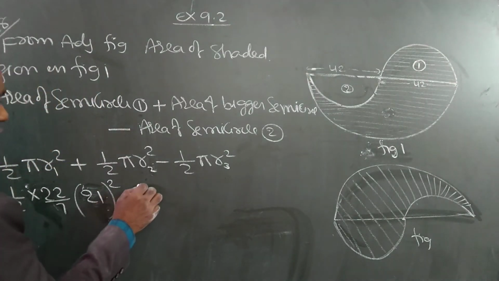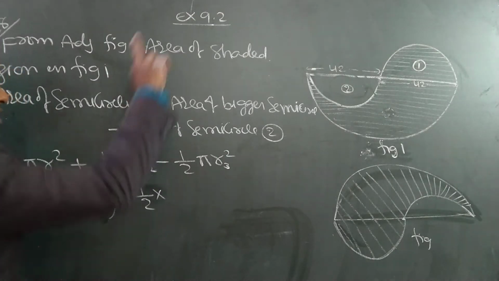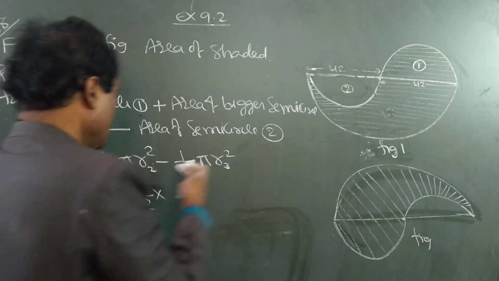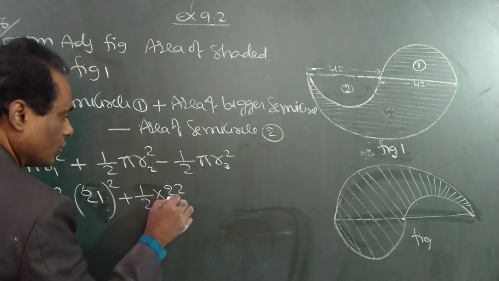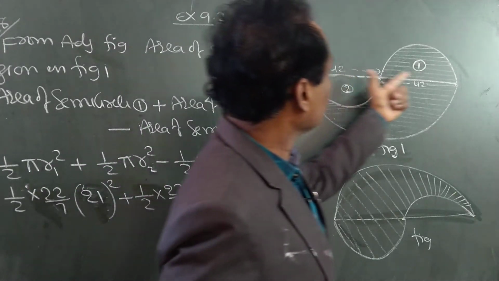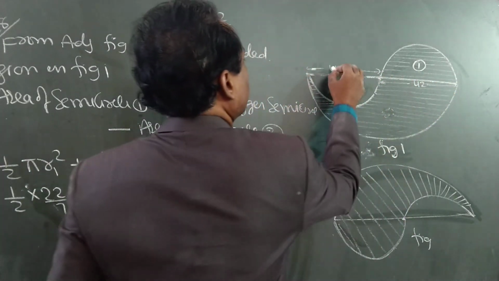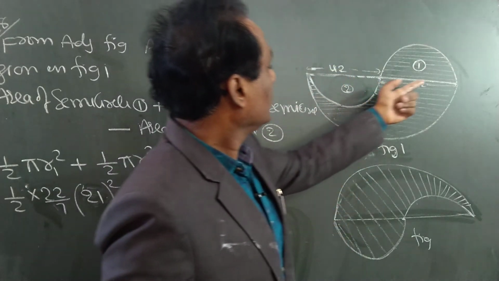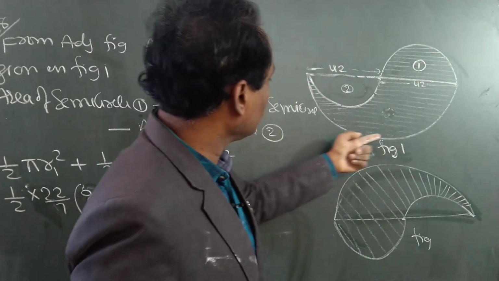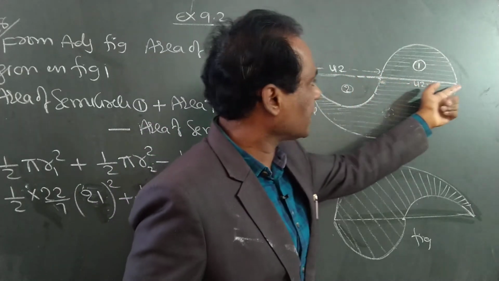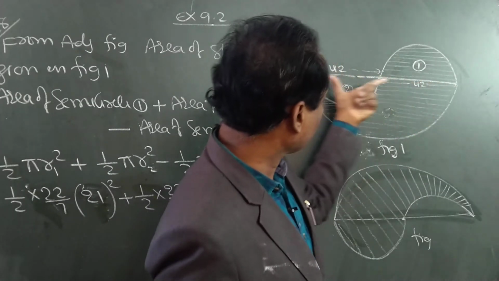Next, bigger semicircle, this total semicircle. Half pi is 22 by 7. R is for the bigger semicircle, the total semicircle, radius is 42. It is given. This is not the total diameter, this radius is already 42.